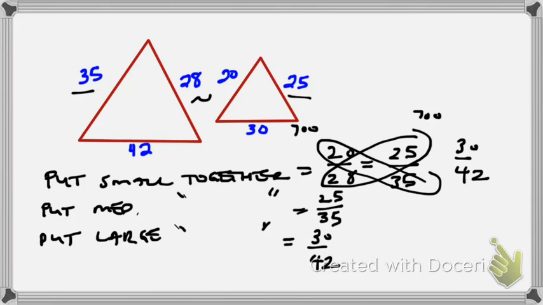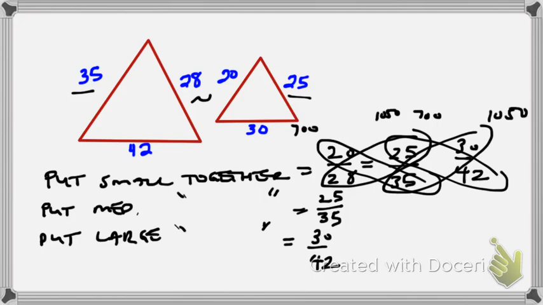And again, that also has to work here. So 25 and 42 multiplied together equals 1050. And 30 and 35 multiplied together equals 1050. And those also have to be equal. And as long as they're equal, they are also proportional. Okay?